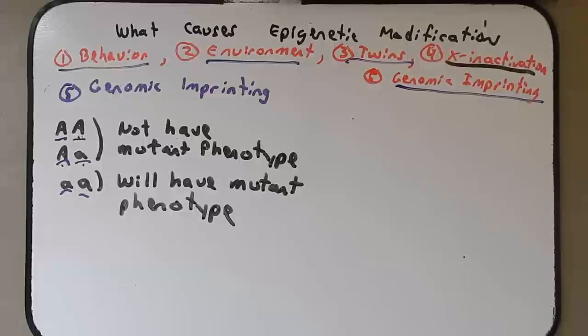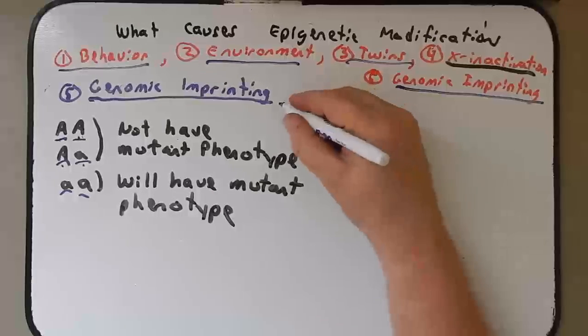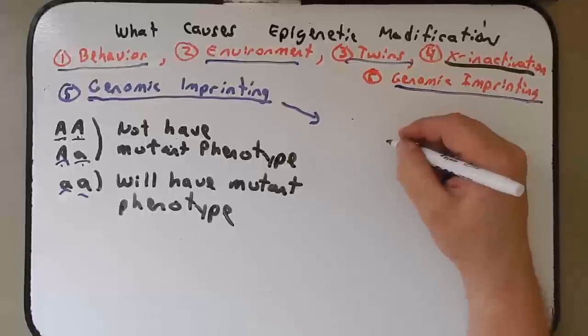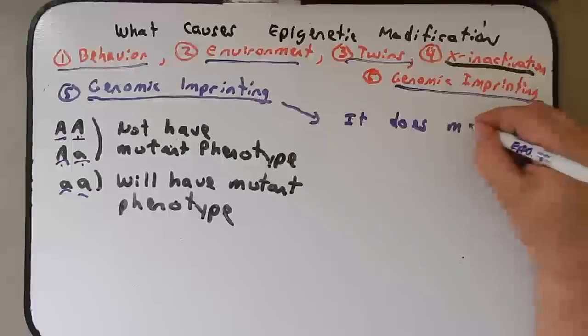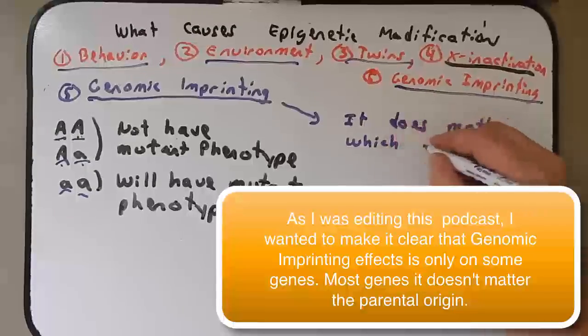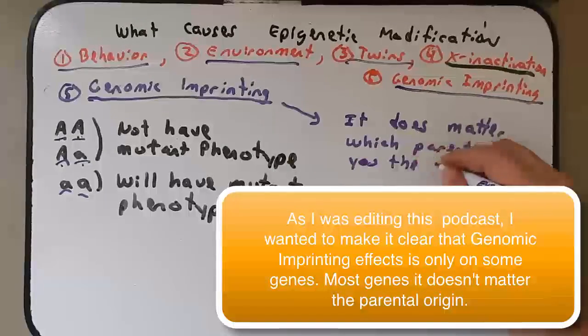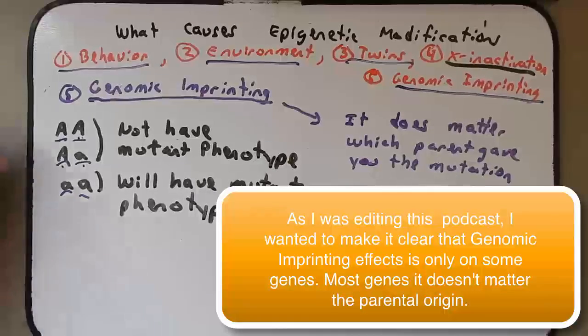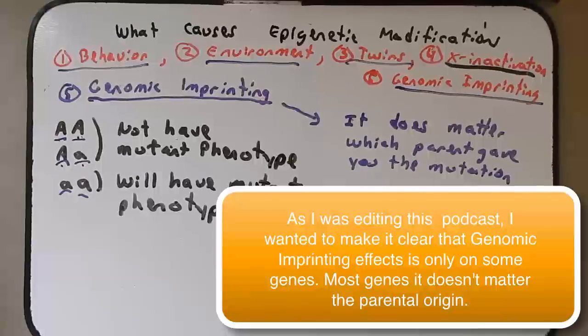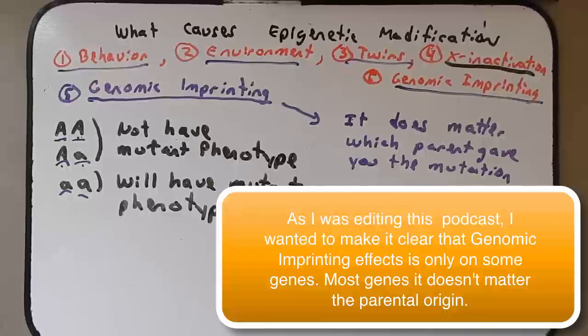The source of the genes did not matter. But what genomic imprinting is now telling us is that it does matter which parent gave you the mutation. So to describe this phenomenon, a good gene to look at is a gene called IGF2.